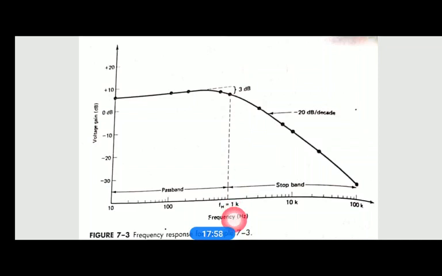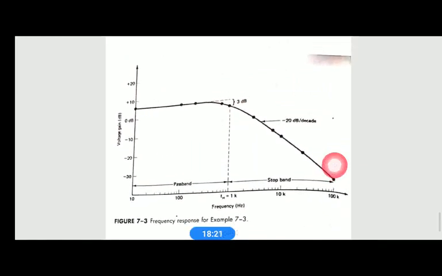For f equal to 1 kilohertz, it is 3 dB. Then for 3000 hertz, 7000 hertz, 30,000 hertz, and so on. After this, we observe in the table how the gain is reduced 20 dB per decade.